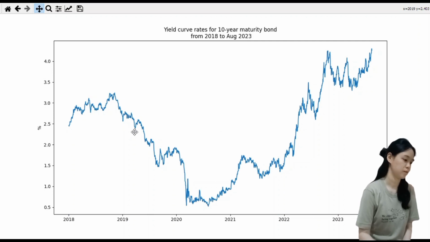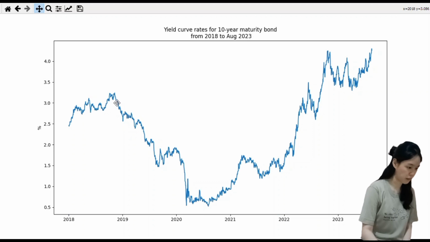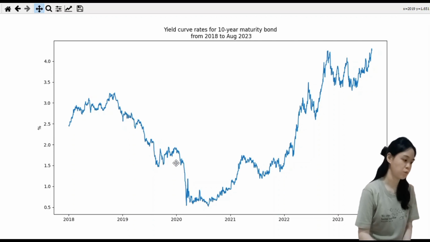Before the pandemic, you see that the yield rate is around 2.5 until 3, well, maybe almost 3.3, I guess. And then in 2019, it started to decline to around 1.5%. And then when the pandemic hit, it dropped sharply to less than 1%.